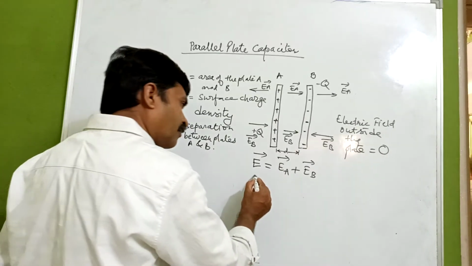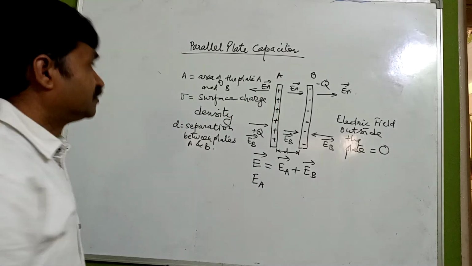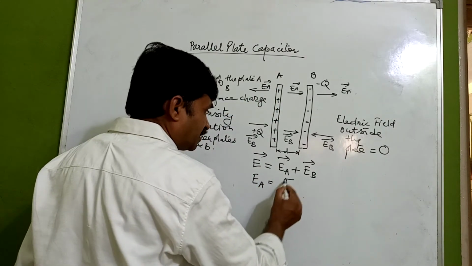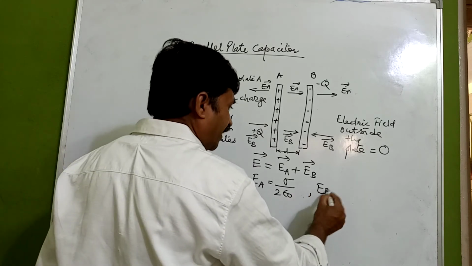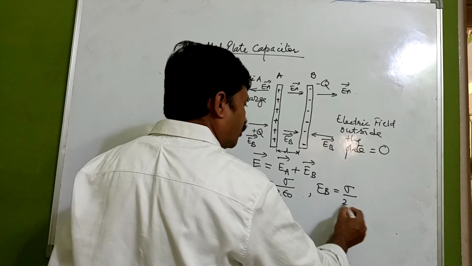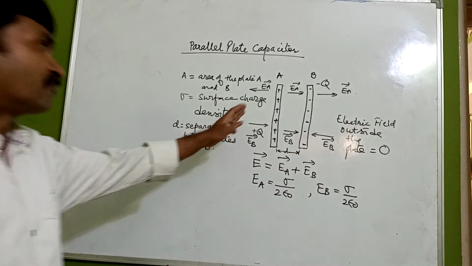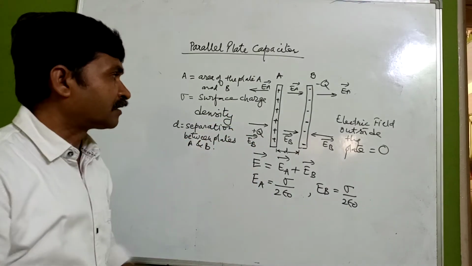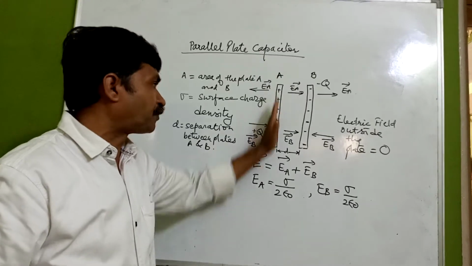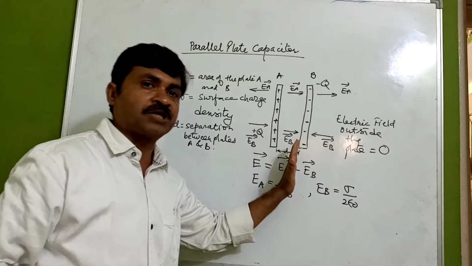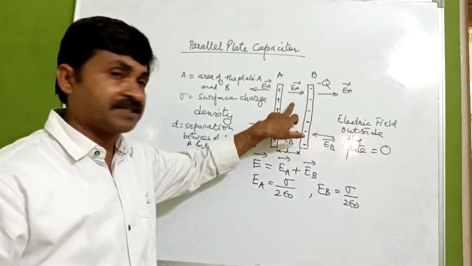The electric field because of one plate is sigma upon 2 epsilon naught, and similarly for the other plate, sigma upon 2 epsilon naught. That we have already discussed in the previous lecture; I am just reminding you. The resultant effect is inside the two plates, where one is positively charged and the other negatively charged.